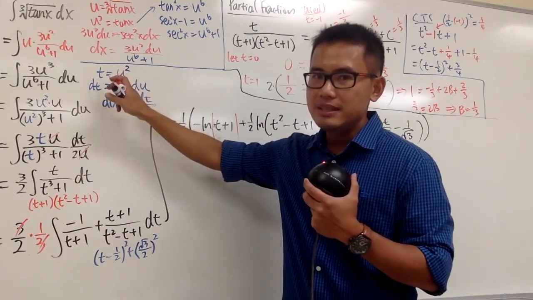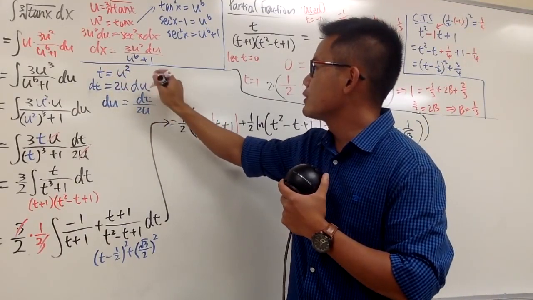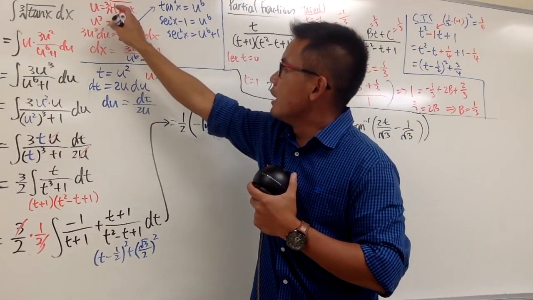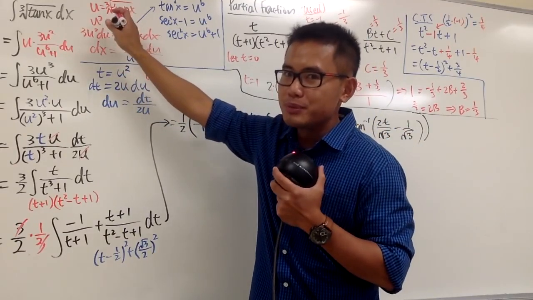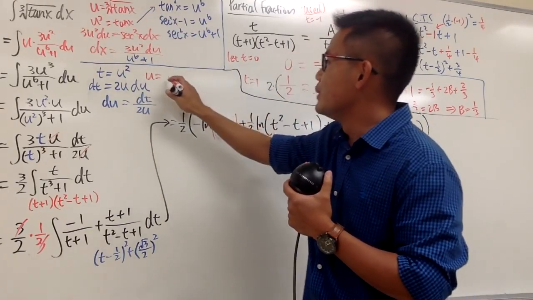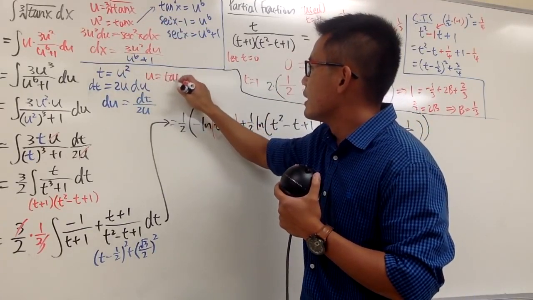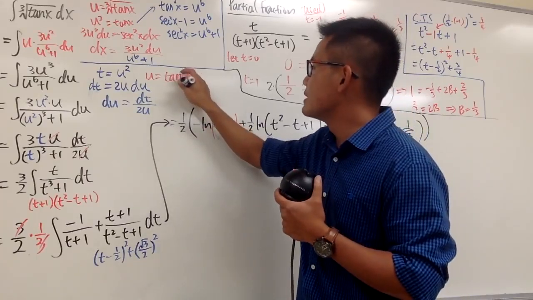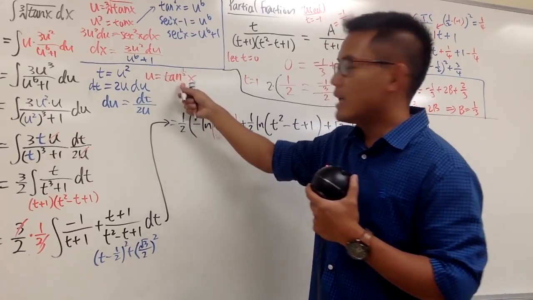We know t is equal to u squared, and u is what? U is the same as saying the cube root of tangent x, which is the same as saying tangent x to the 1/3 power. And let me write it down as the 1/3 right here, right? Wolfram Alpha used this as well.